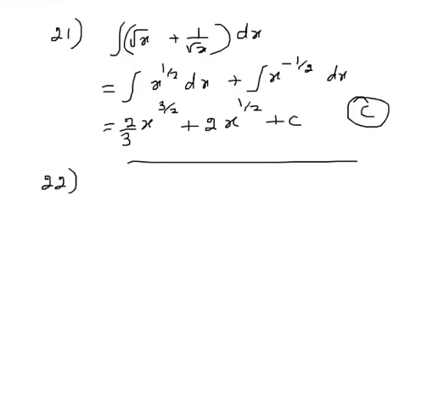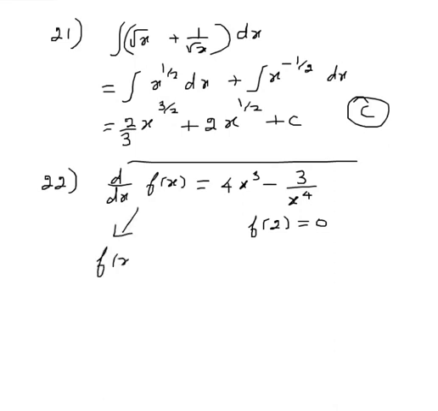Question 22. d by dx of f of x is equal to 4x cubed minus 3 divided by x raised to 4, such that f of 2 is 0, then f of x is, we have to find f of x. From this, f of x will become the integral of 4x cubed minus 3 divided by x raised to 4 dx.